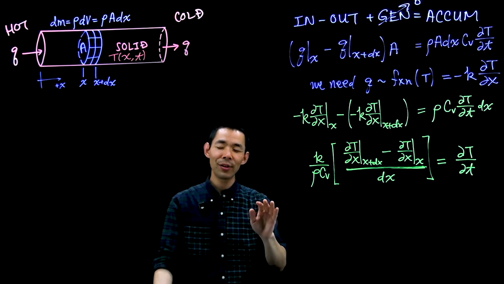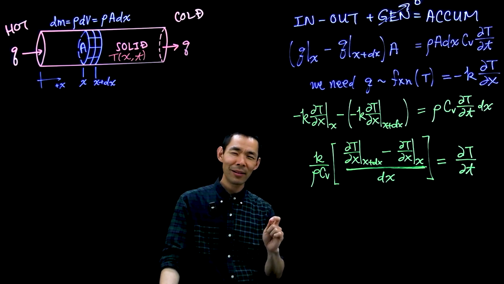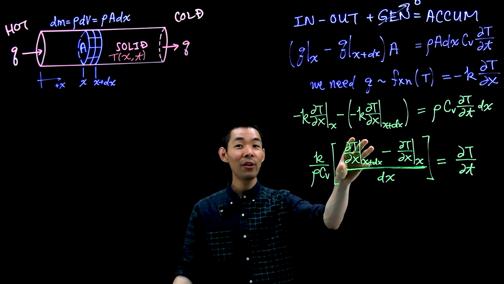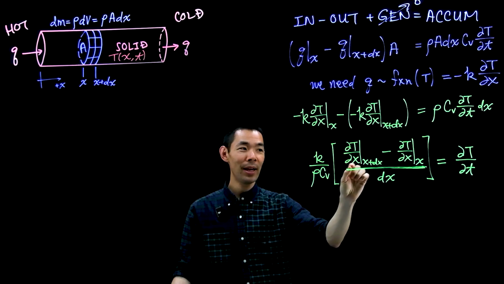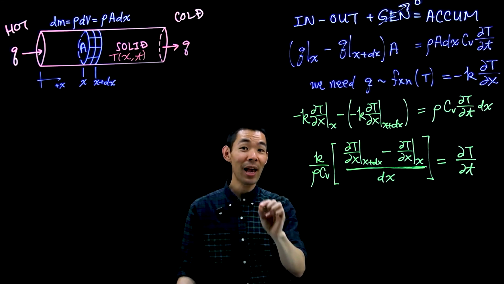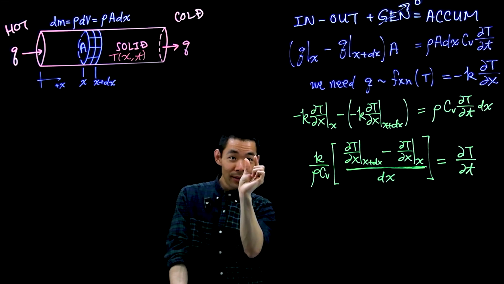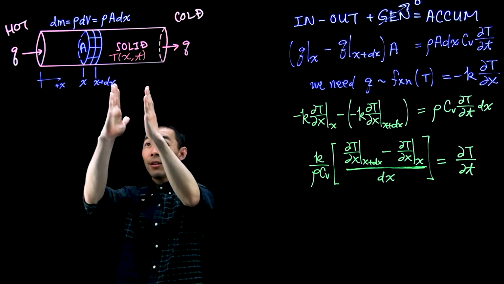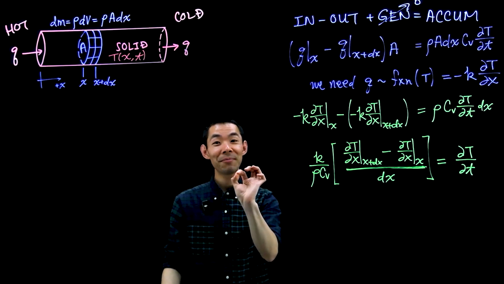Now, think back to your very first calculus class when you learned that the definition of the derivative is the value of a function at some position, x plus dx, minus the value of the function at position x, divided by dx. So as you make dx smaller and smaller, you're making the shell thinner and thinner until it reaches a continuum point.